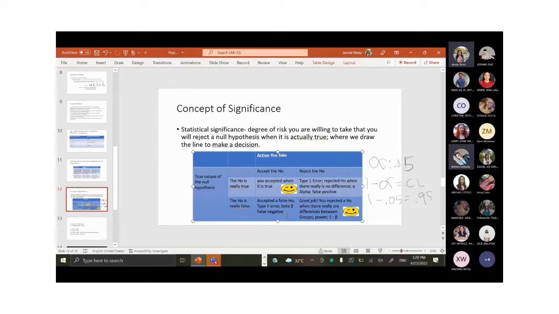So itong tinatawag na false negative. Kunwari, nagpa-swab test ka and it comes out of the RT-PCR result that you don't have COVID. But actually, you have symptoms. Pero dun sa result ng RT-PCR, wala ka daw COVID.